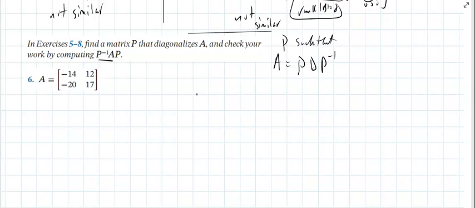Now, if I solve this, if I multiply by P inverse on the left and P on the right, do you agree that a matrix times its inverse is the identity?